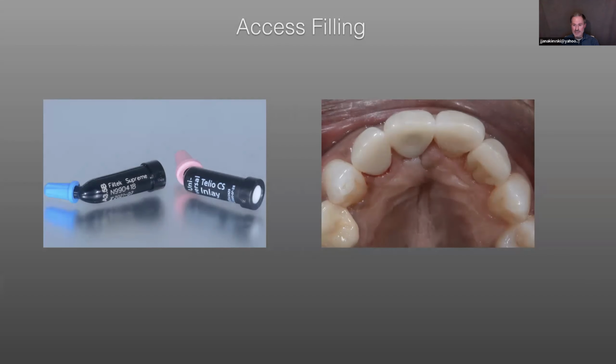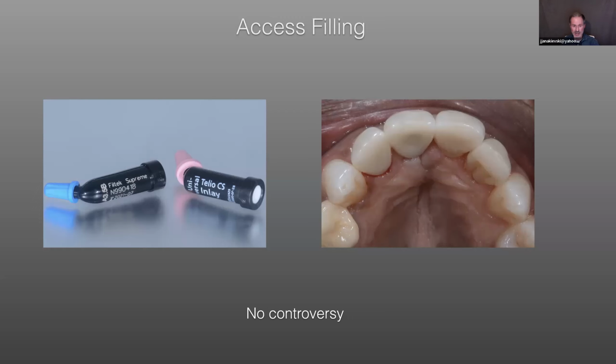When it comes to access fillings, just moving in a backwards direction for a second here, there's really no controversy. We have approved dental products which we use for filling or restoration of teeth, and we can use those same products for the restoration of access channels for implant restoration. So we can use composite resin.